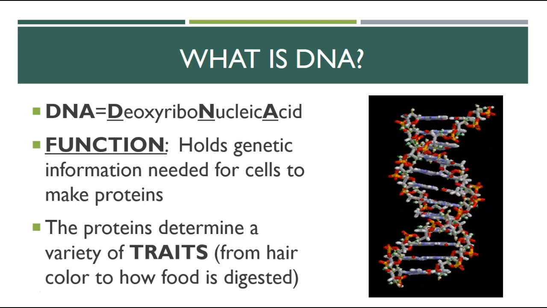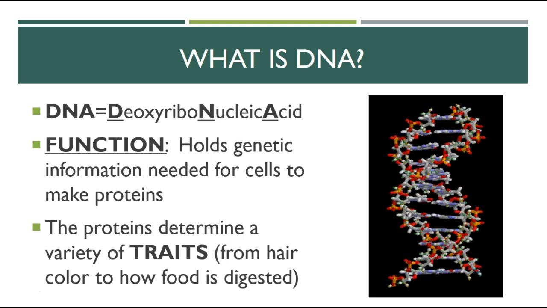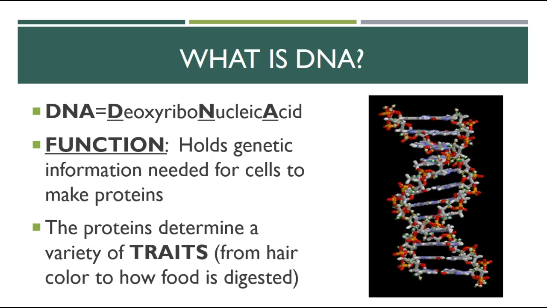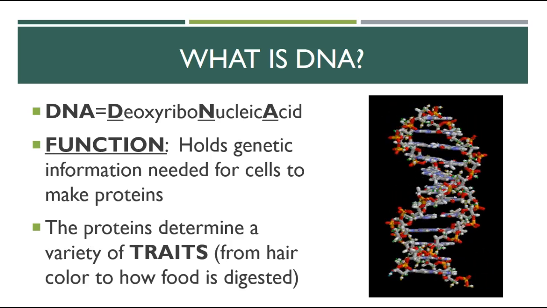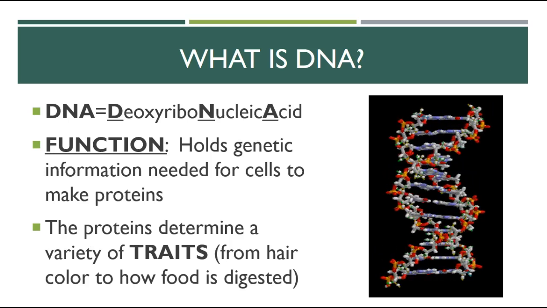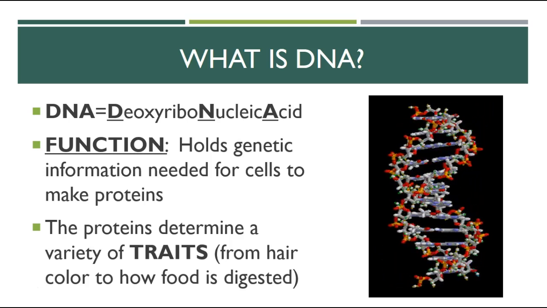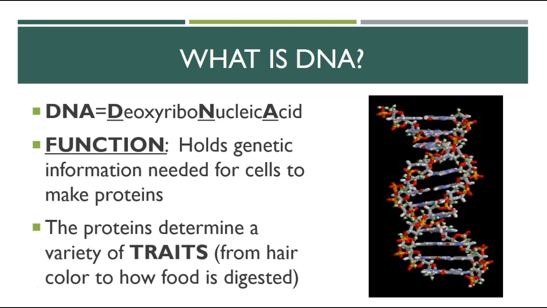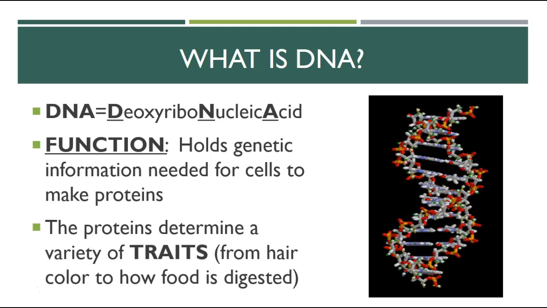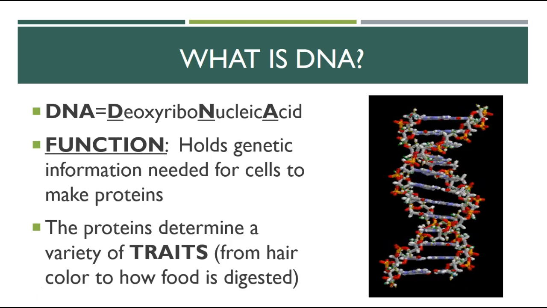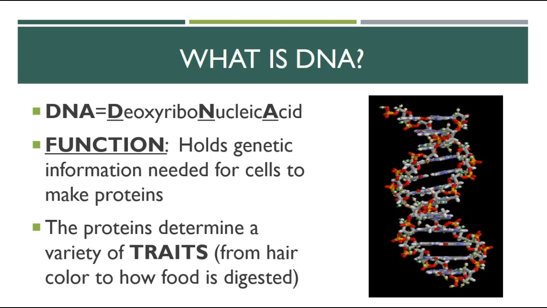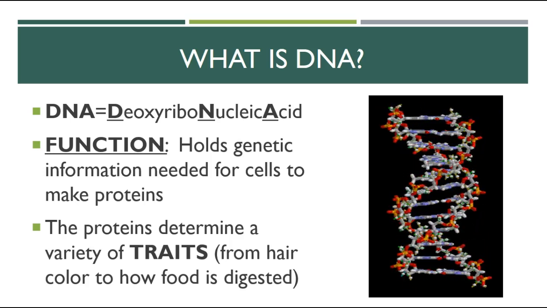And traits are kind of like what you look like. So the color of your hair, color of your eyes, how tall you are, and even how your food is digested. These proteins produced by DNA basically control everything about how we look and how our body functions. And you can see in this image the shape of it, which we're going to talk about in a little bit.